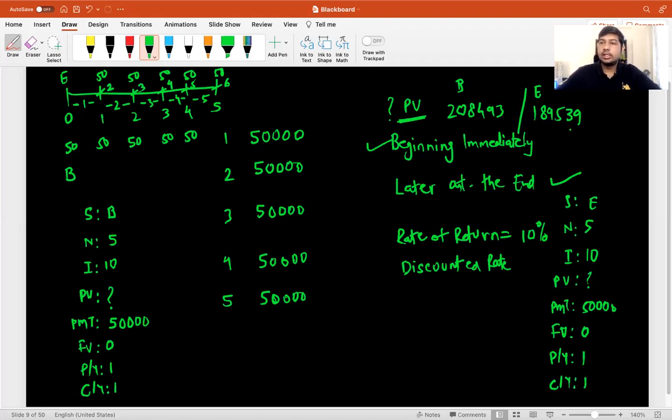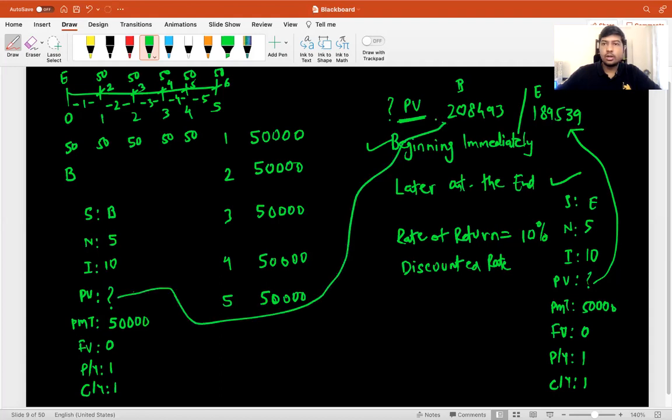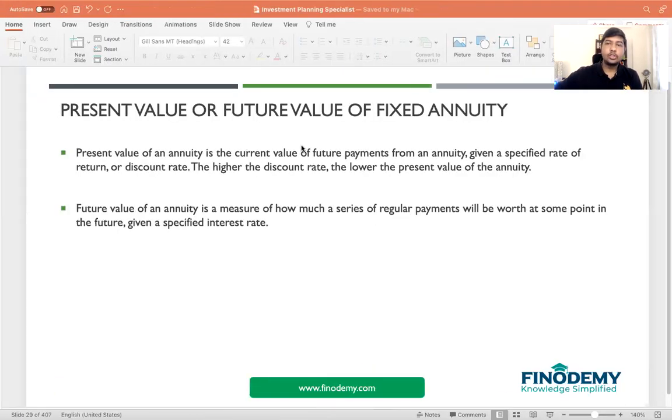Okay. And the answer that you get is this one. And the answer that you get here is this one. Okay. So quickly make a note, and I will show you how this works in Excel. Plus, I will also explain to you what this statement means. The higher the discount rate, the lower the present value of the annuity.